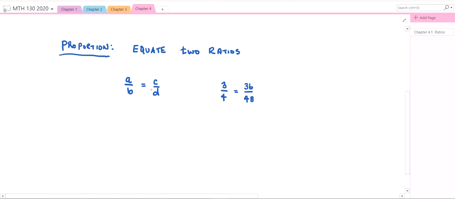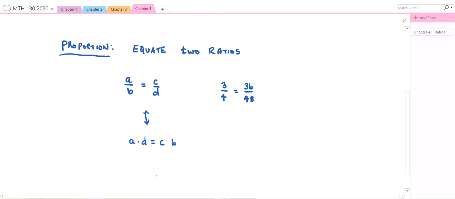So since we can write these proportions like this, we can use algebra to manipulate them. So I can multiply both sides by D here, and I can get A times D equals C, and if I multiply both sides by B, times B. So I can rewrite this as an equation like this.